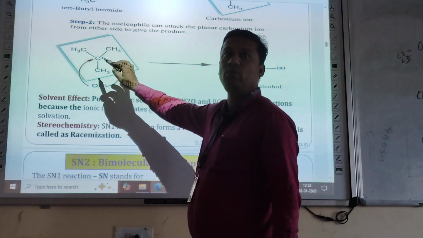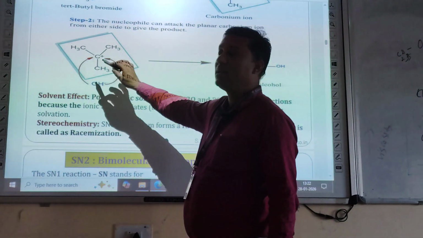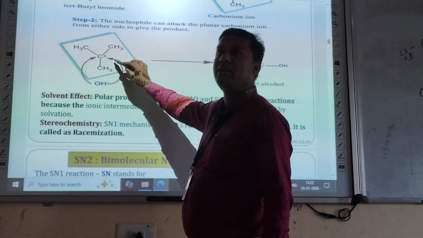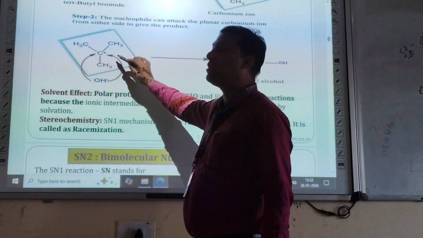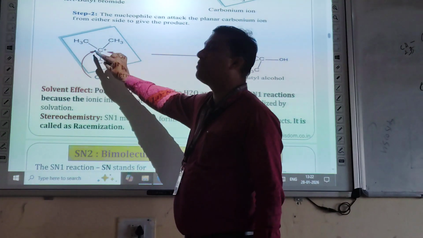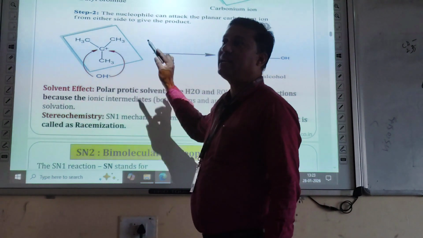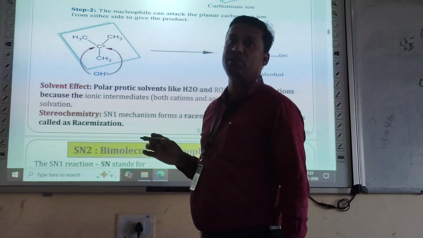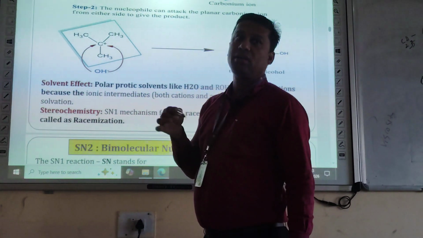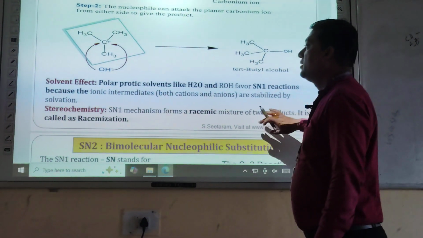If it attacks from this side, one type of structure will form. If the attack is from the back side, another type of compound will form, and this is racemization. It means a 30-70 or 60-40 ratio is formed. That is known as a racemic mixture.